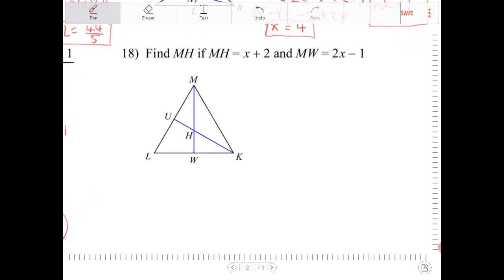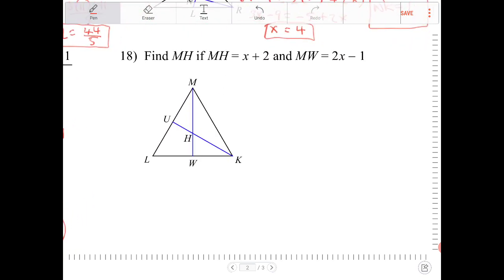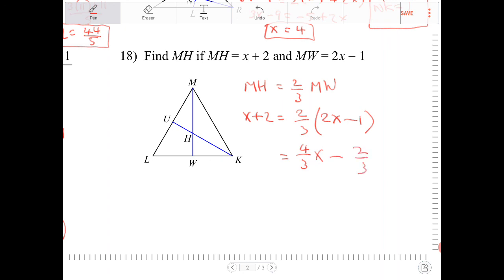Okay, and the last one here. MH is 2/3 of MW. So x plus 2 is 2/3 of 2x minus 1. This is going to be 4/3 x minus 2/3. x plus 2.